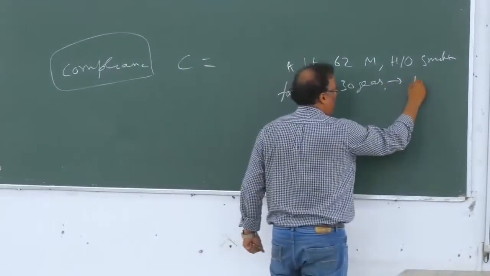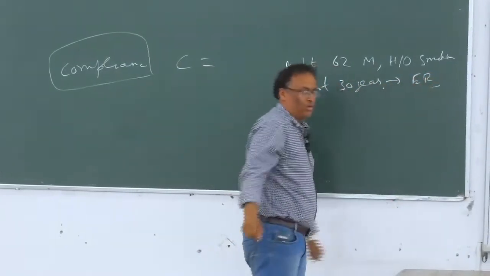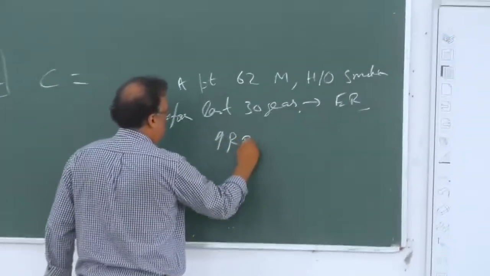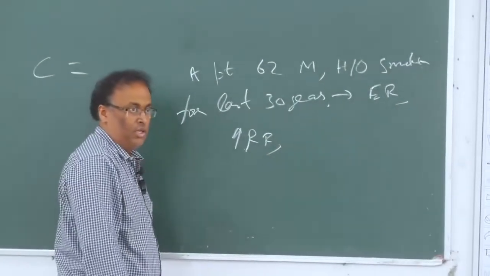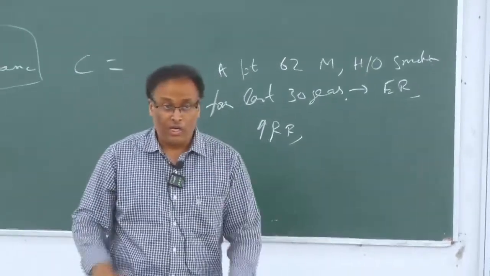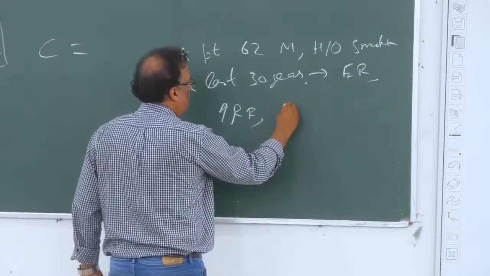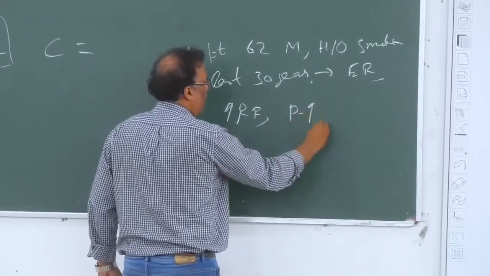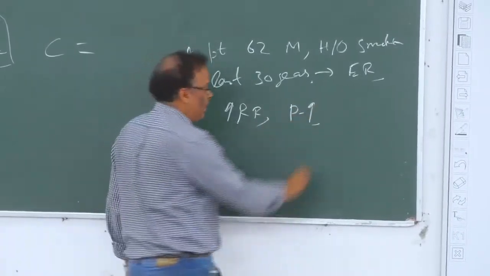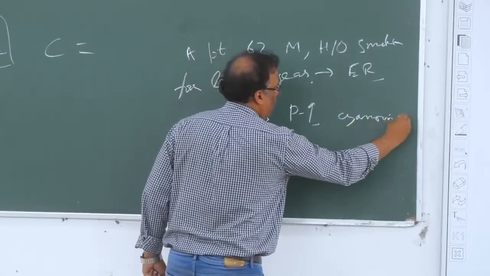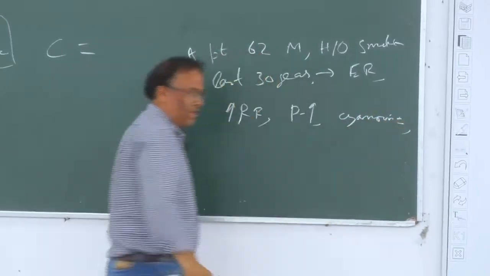Now when you are working as an intern, the patient comes with increased respiratory rate, high respiratory rate, dyspnea, along with a very high pulse, maybe plus or minus cyanosis may be present.